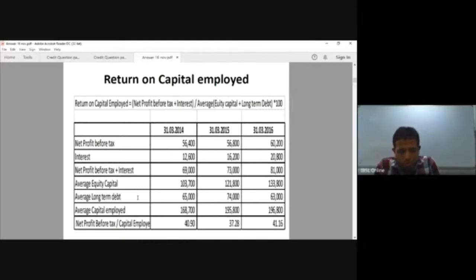Since in this ratio we take one item from the income statement and the other from the balance sheet, the balance sheet item should be an average one.